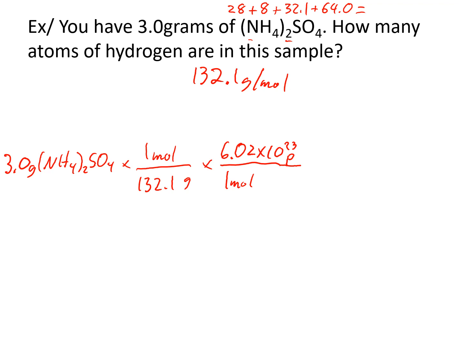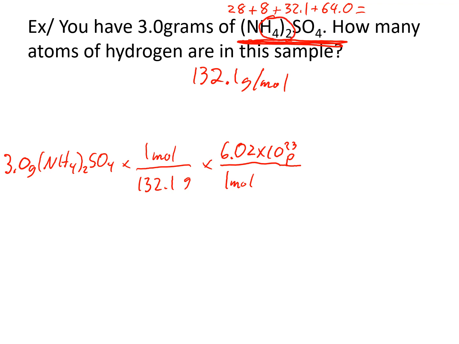Now, if I stop right here, I would have the amount of molecules of ammonium sulfate. But I actually want to find out the amount of hydrogen that are present. Now, I'm going to do another little conversion, and I'm going to say that in 1 molecule of ammonium sulfate, I have 8 hydrogens.